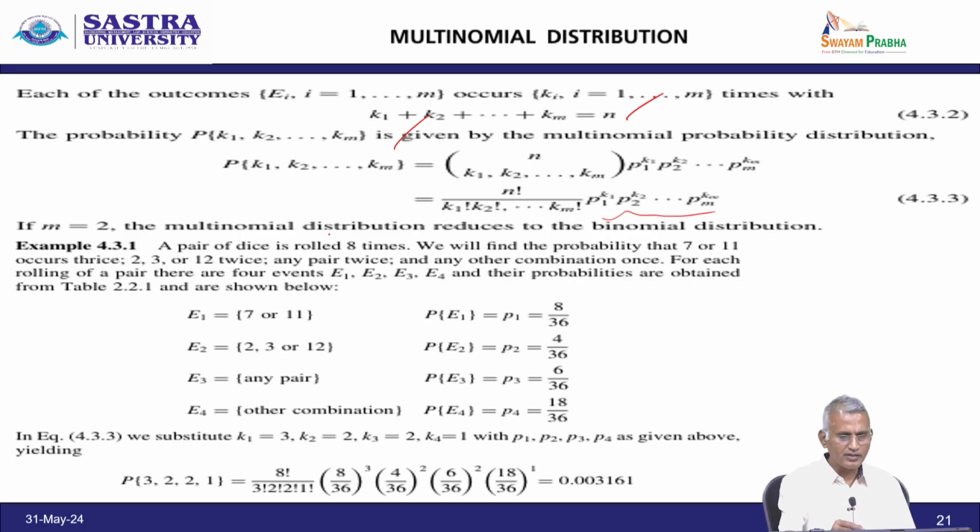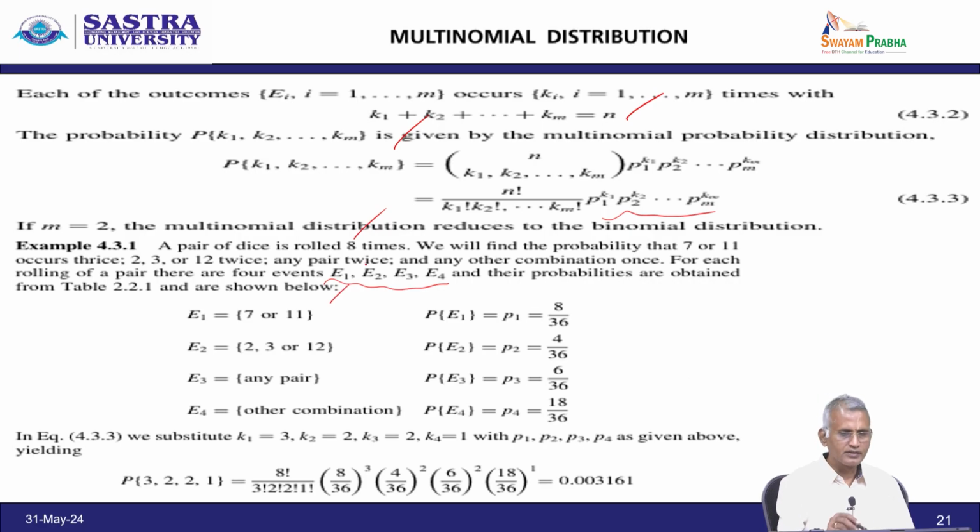A pair of dice is rolled 8 times, and we find the probability that 7 or 11 occurs thrice, 2, 3 or 12 occurs twice, any pair twice, and any other combination once. For each rolling of the pair, there are 4 events, E1, E2 and so on up to E4, and the probabilities are obtained from the table shown below.